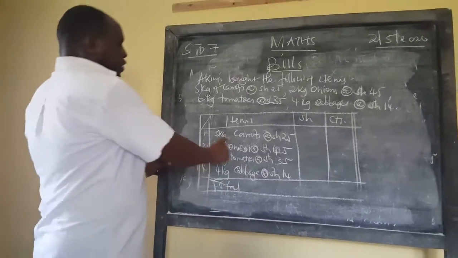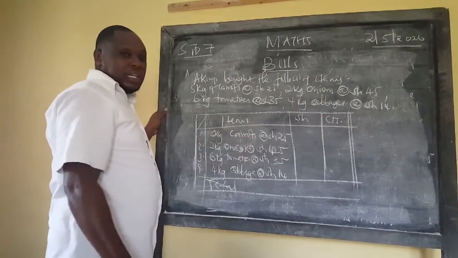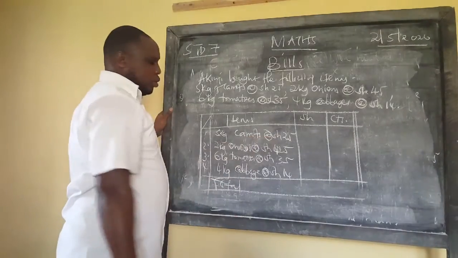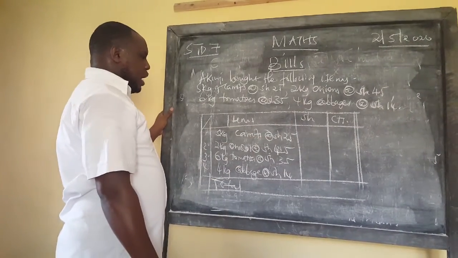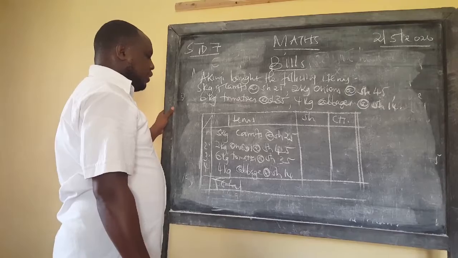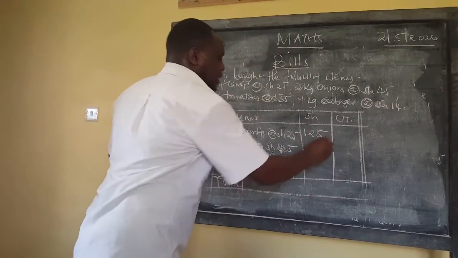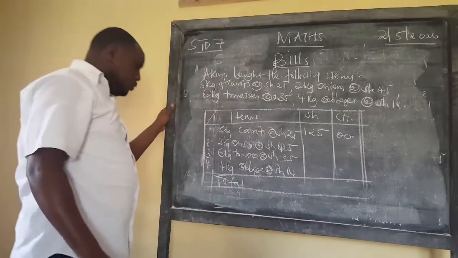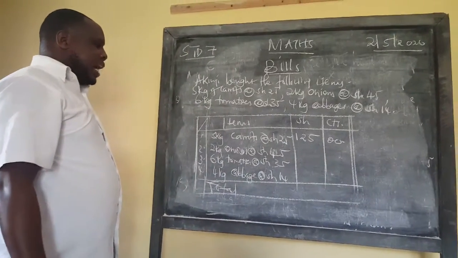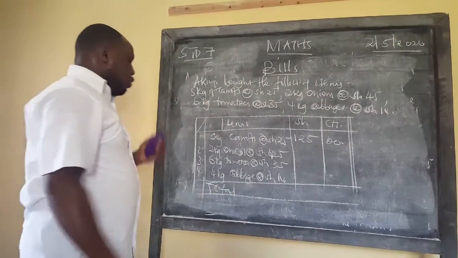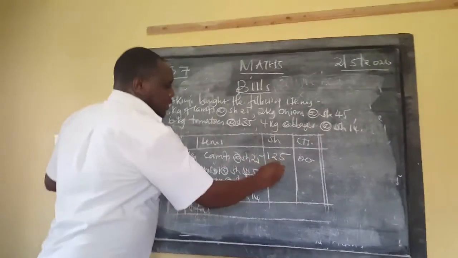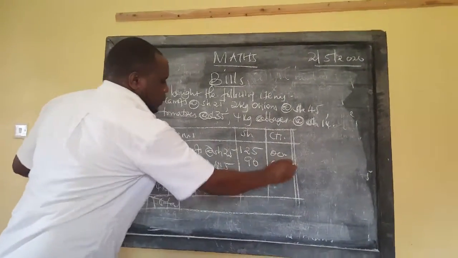So number 1, 5 kg carrots at 25 shillings means every kg at 25 shillings. That will give you 125 shillings. So the total cost for the carrots is 125 shillings. 2 kg onions at 45. So 45 times 2, that will give you 90 shillings.